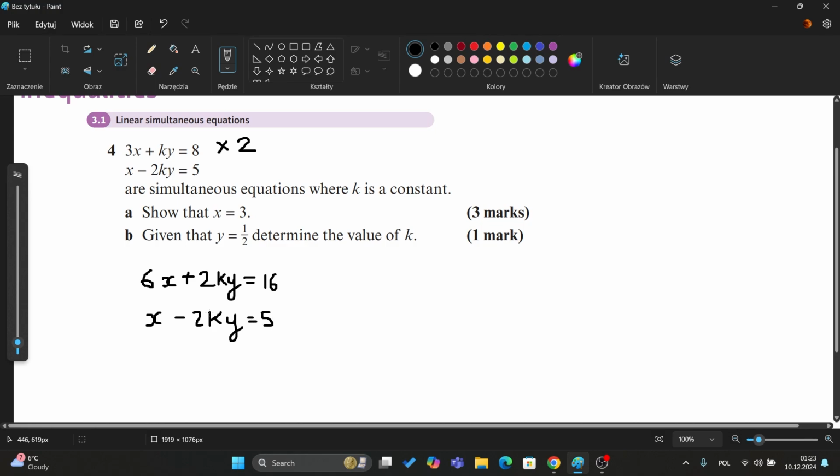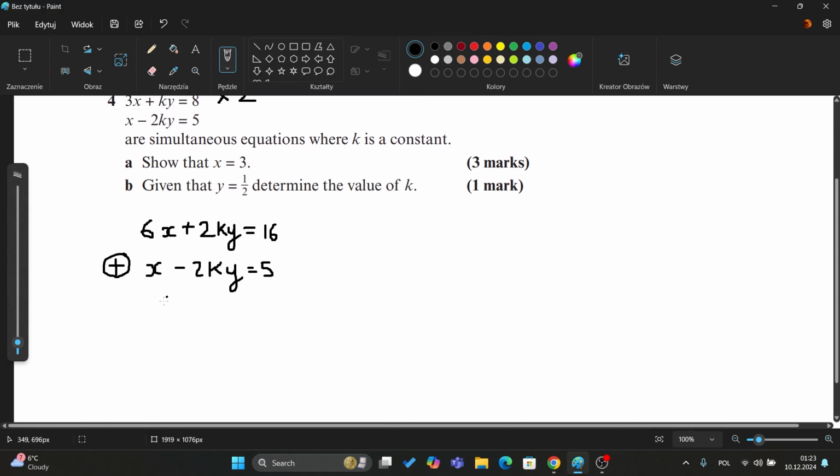Now we can decide if we have to subtract or add the equations together. Plus 2 and negative 2, so we have to add the equations, because plus 2 plus negative 2 is 0ky, and that's what we want.